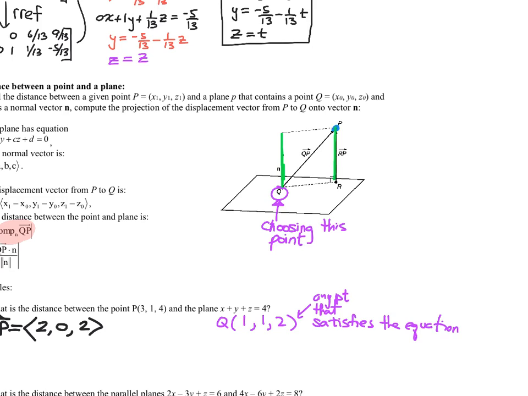The component acting in the direction of n of vector QP, that magnitude is going to be equal to the magnitude of RP. So if I find one, I find the other.